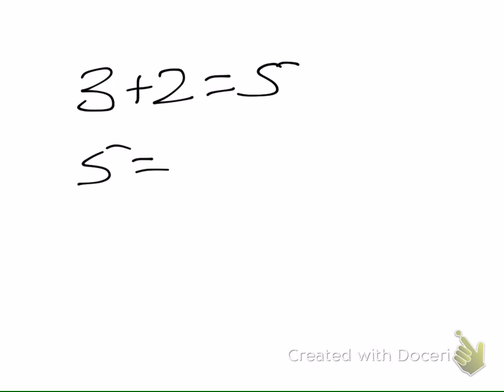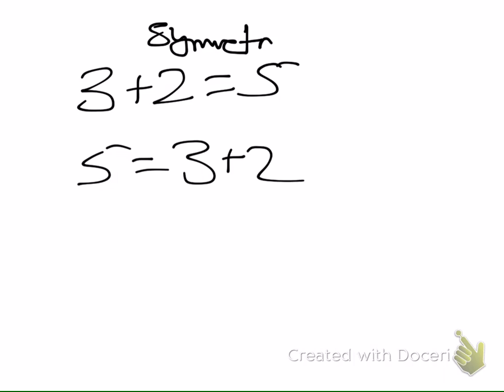Then the next one was the symmetric property. Symmetric means it's the same on both sides, right? So the symmetric property says if 3 plus 2 equals 5, then 5 equals 3 plus 2. You can switch what's on each side of the equal sign.